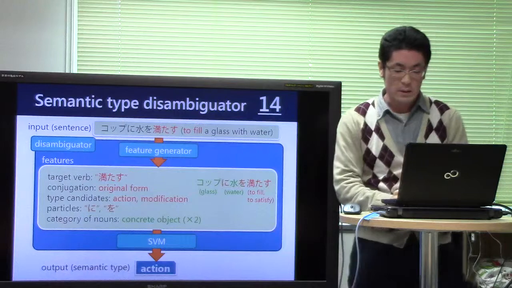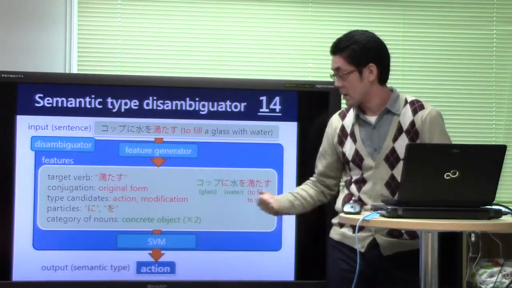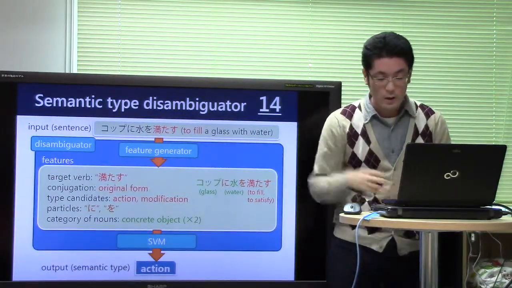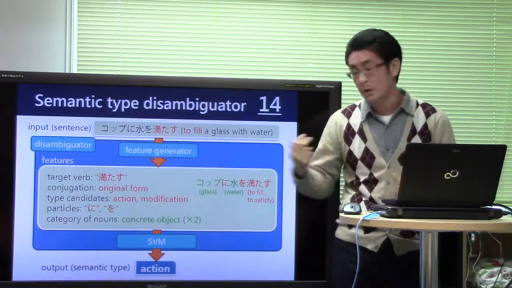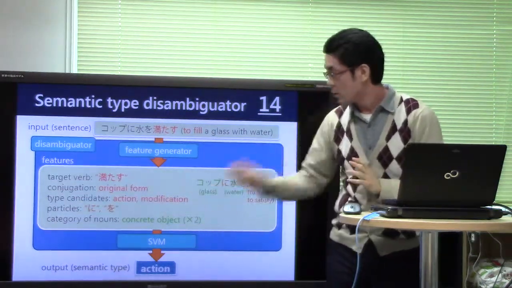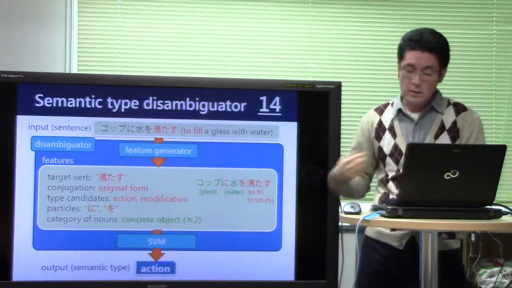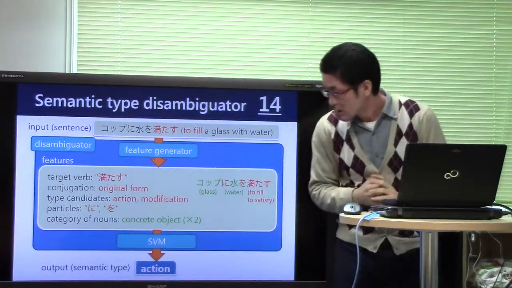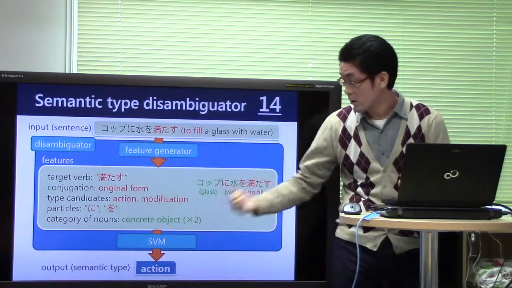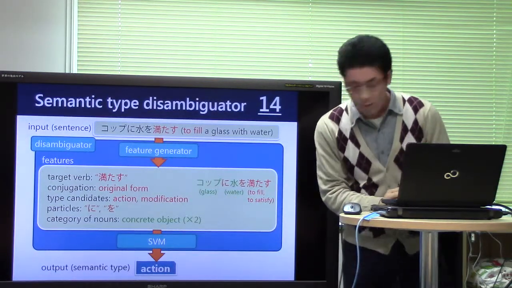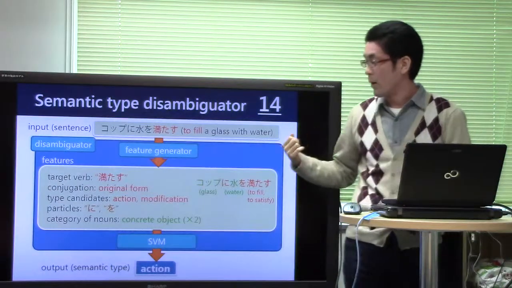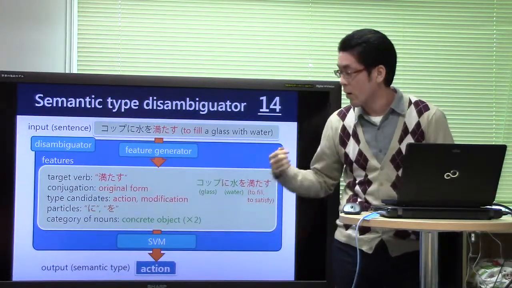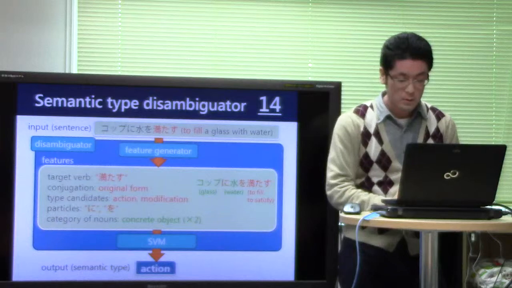We also consider the particle occurrence in this sentence. In this example, there are 2 Japanese particles, ni and o. So we use their occurrences as features. And last, we also use the frequency of the semantic category of nouns in the sentence.